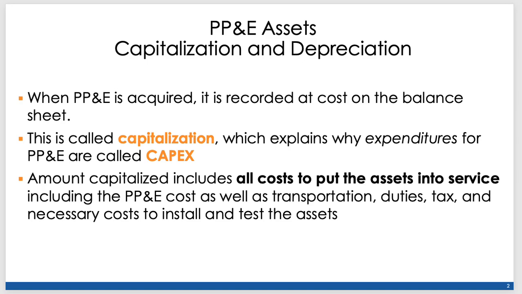And we've talked about the reasons why in a previous deck, right? It's because they are long-lived assets that will be used to directly or indirectly produce revenue for a long period of time. And so this is why this process of capitalization, or recognizing it as an asset that is slowly dispensed of as its useful life is used up, is known as CapEx, or capital expenditures.